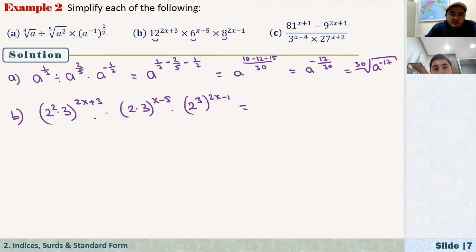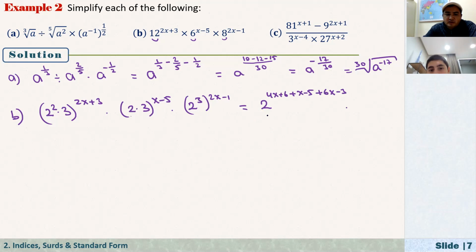So after that, let me just write the 2's first: 2 to the power of 2 times 2x plus 3, that is 4x plus 6. Let me just do this directly. In the second one, we have 2 to the power of x minus 5, so here we have plus x minus 5. In the third one, we have 3 times 2x minus 1, so that is plus 6x minus 3.